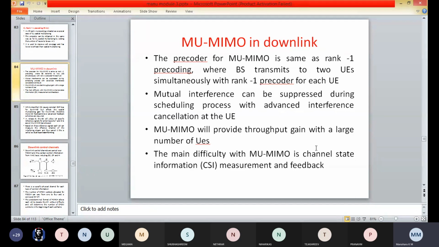The precoding for multi-user MIMO is the same as that of rank 1 precoding. The eNodeB transmits to two user equipments simultaneously with a rank 1 precoder for each user equipment, and no inter-user interference cancellation is applied during the precoding process.